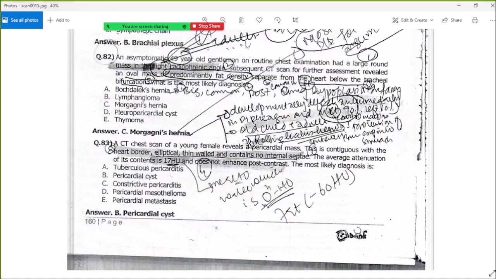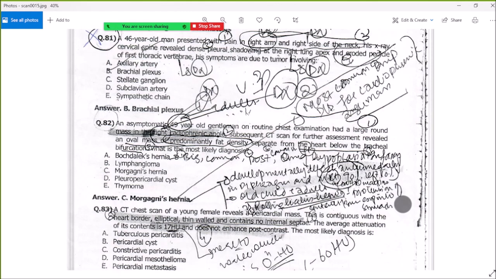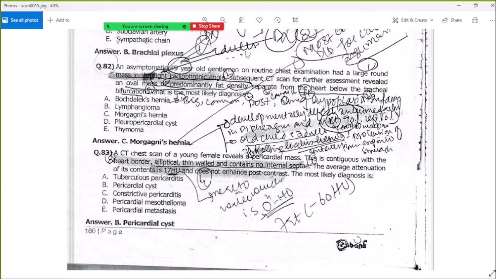Below the tracheal bifurcation, most likely diagnosis is Morgagni hernia. Most important differential diagnosis for cardiophrenic angle mass is Morgagni hernia, a developmental defect, anteromedial, on the right in 90%, left 10%.